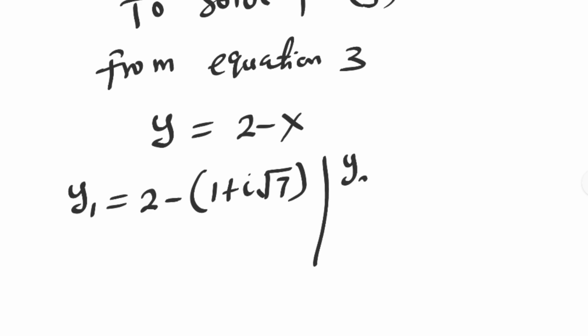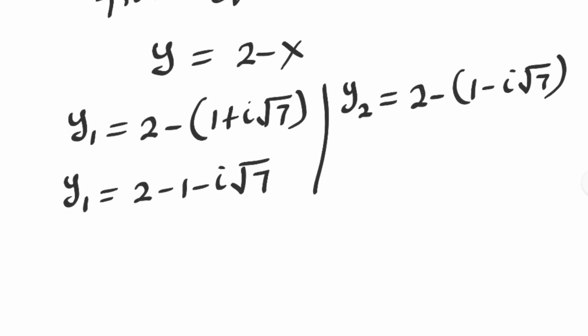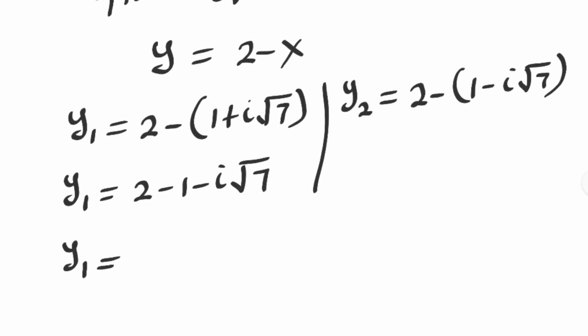And y2 is equal to 2 minus x2, which is 1 minus i root 7. Then y1 is equal to 2 minus 1 minus i root 7. y1 is equal to 2 minus 1, this is 1 minus i root 7.